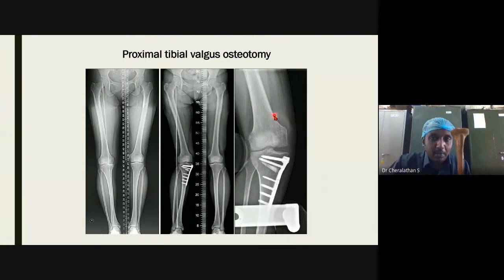And you do an opening wedge osteotomy. Now you make a horizontal cut here, do another oblique cut here, and you remove a triangle piece of bone. And after removal, you correct it. Now you will be causing valgus. That we call a closing wedge valgus osteotomy.